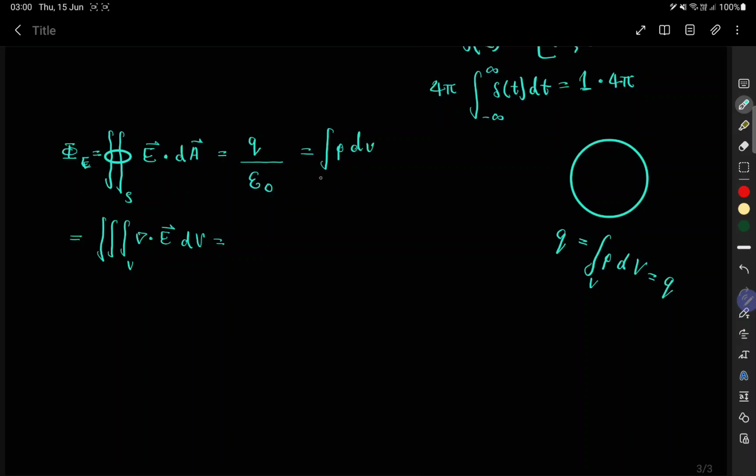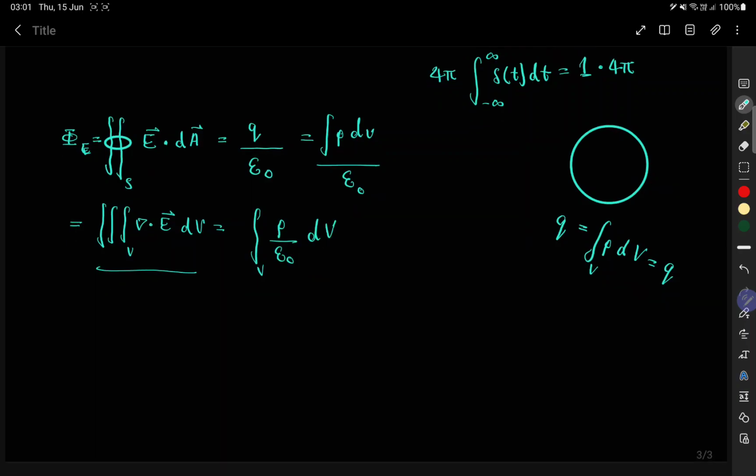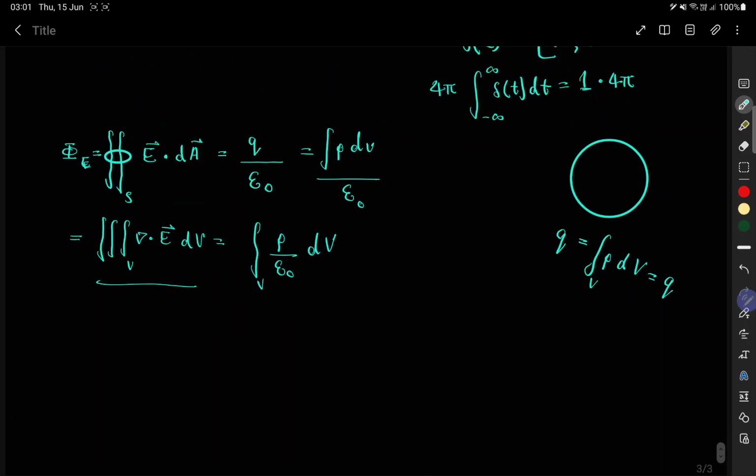So we write it in this form, and we keep the epsilon naught because it's just a constant. And we see that this integral is also over V, and the new integral is also over V. So we have the same bounds, and these two integrals are equivalent.